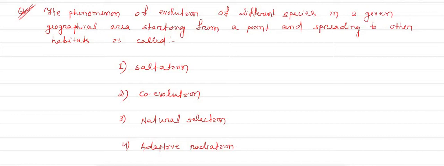Hello, here is the question for you. The phenomenon of evolution of different species in a given geographical area starting from a point and spreading to other habitats is called.